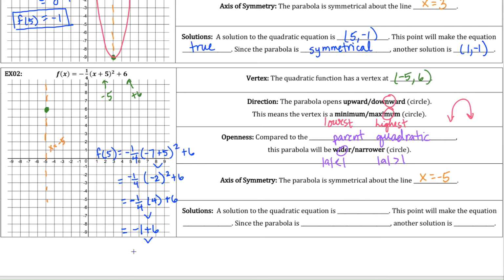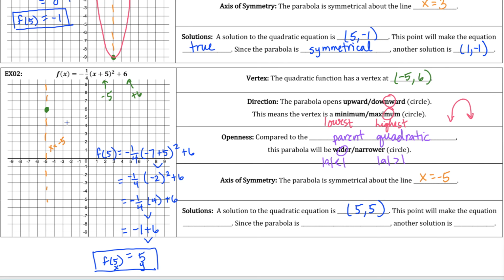And -1 plus 6 is in fact +5. Oh, that was nifty. So f of -7 is 5. Remember, this is my x, and this is my y. So we have -7, 5.